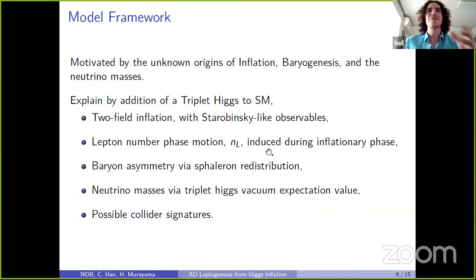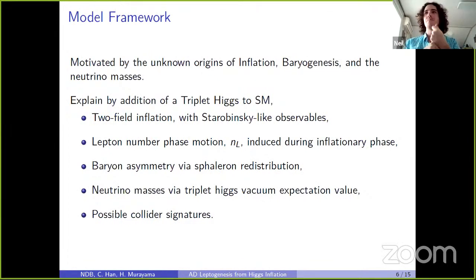So basically, I've just given a brief introduction here as to the different components of the model. So once again, we're trying to solve each of these three problems just through this single addition. The triplet Higgs and the Higgs doublet will play the role of the inflaton. During the inflationary and reheating phase, we're going to have some motion generated in the phase of the triplet.